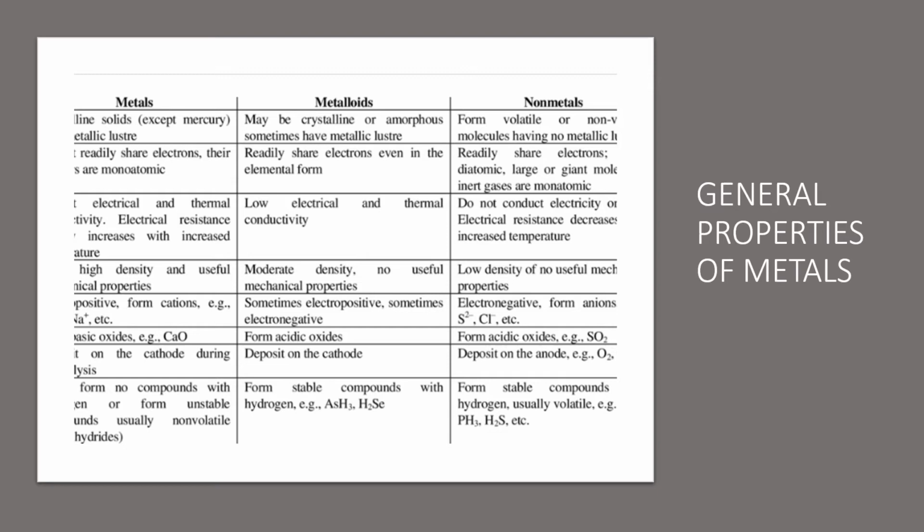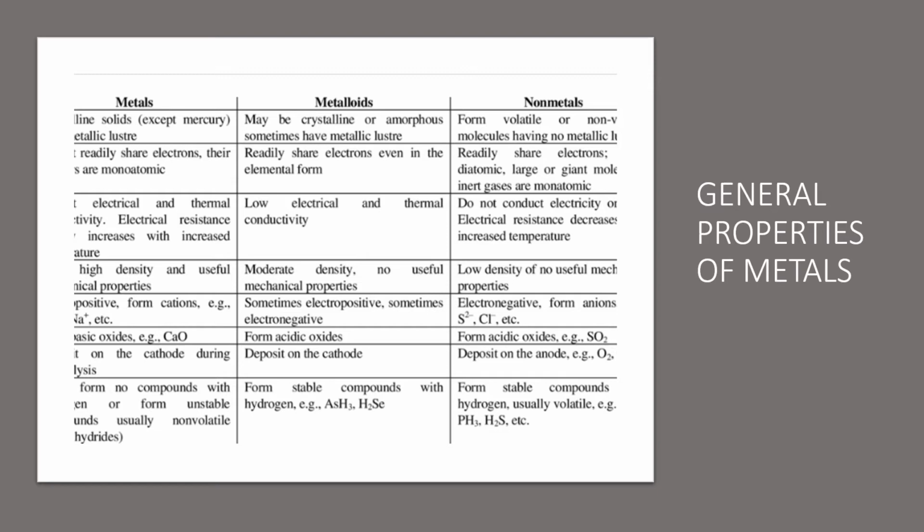Metals form basic oxides, for example calcium oxide, CaO, and during electrolysis metal forms on the cathode from the salt solution or from the molten salt of the metal.